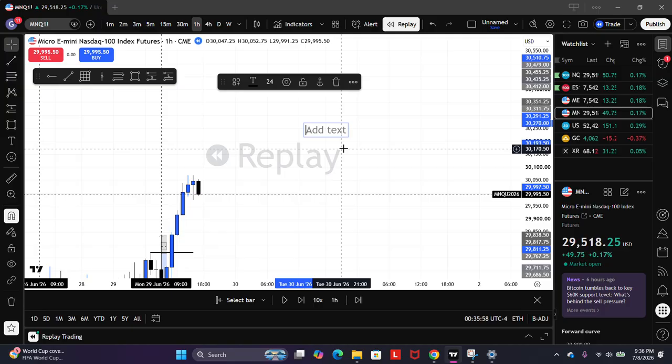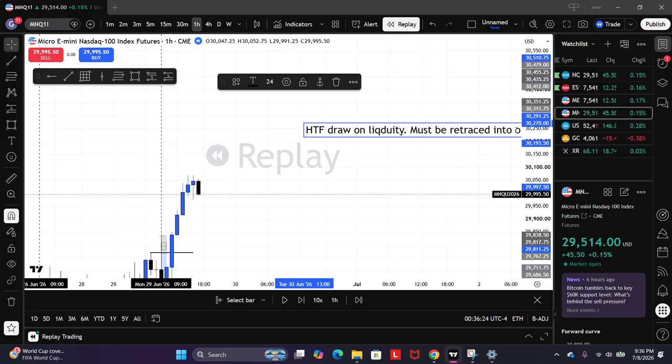is one, a high time frame draw on liquidity must be retraced into or taken out, let's say, swept.